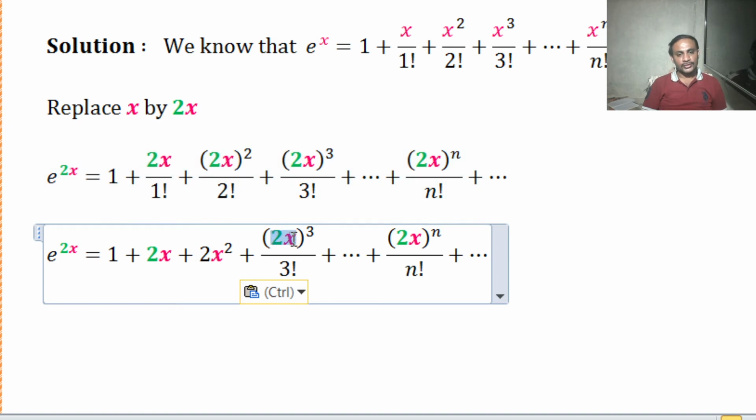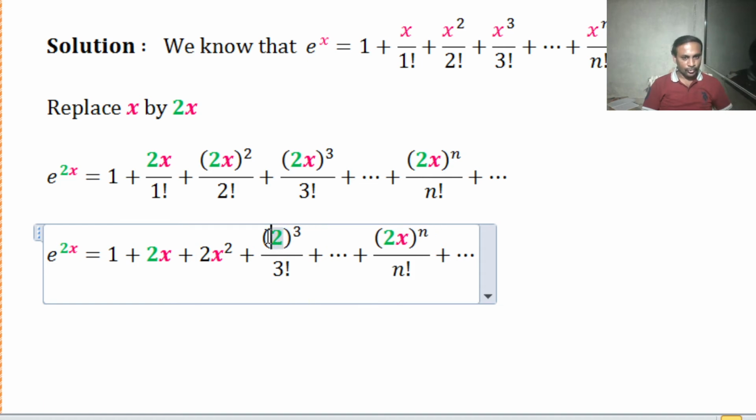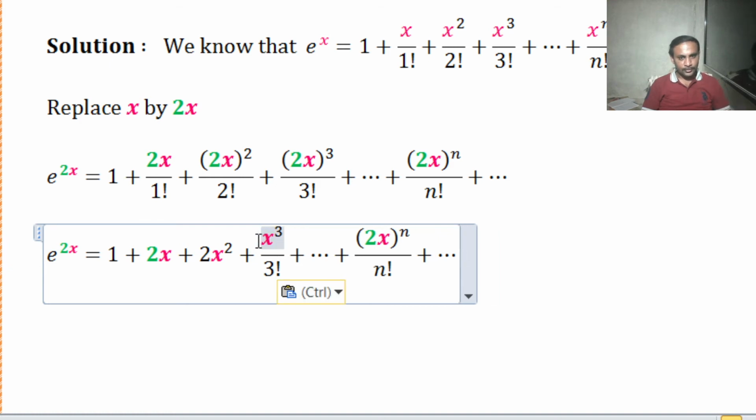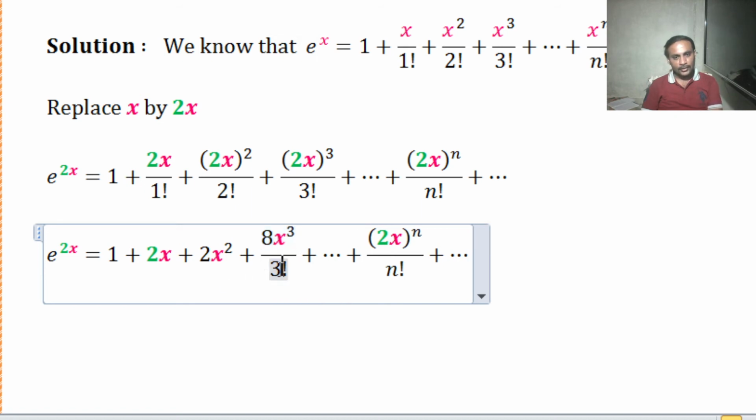Similarly, 2x cube, 2 cube into x cube, and after cancelling 2 from numerator as well as from denominator, we can write it as 8 upon 3 into x cube plus and so on.